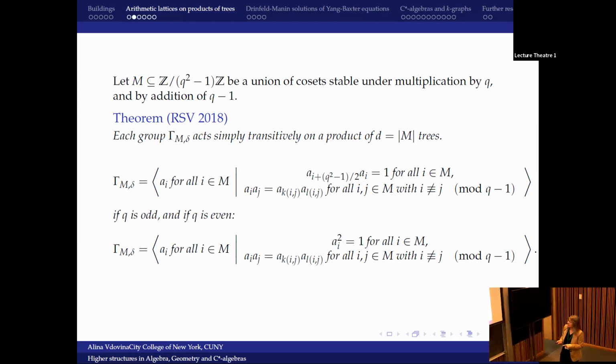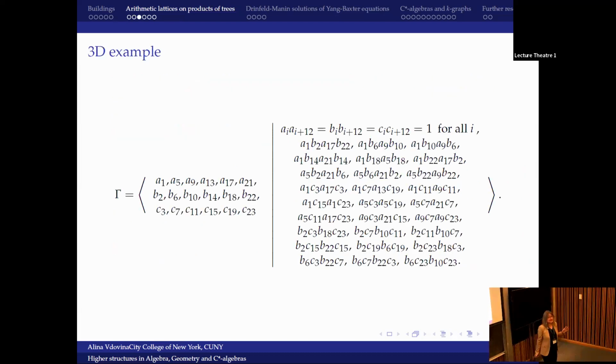Now this is the easiest example, p equals 5, because for p equals 3 we don't have a 3-dimensional example. To get these interesting cube complexes which lead to k-graphs from 3 and higher, you need a bit of room.